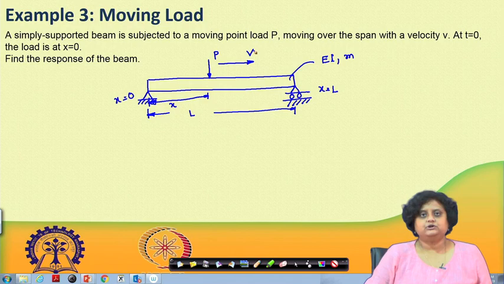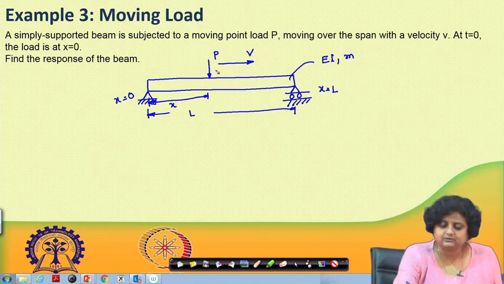The span of a bridge can be very accurately modeled as a simply supported beam. So, to find the response of the bridge due to traffic movement, we can always simplify the problem as a moving load over a simply supported beam.